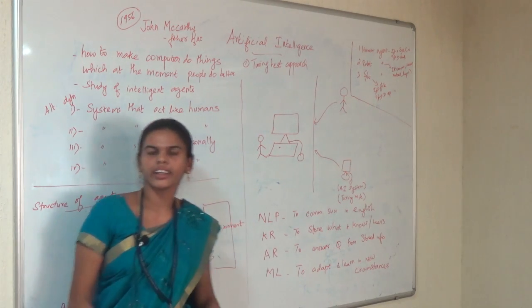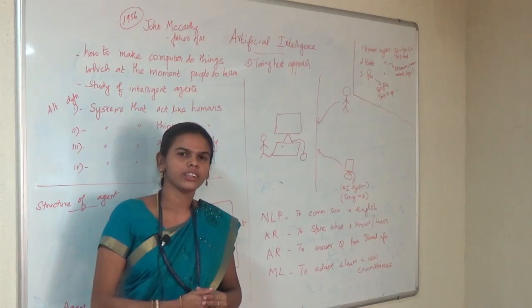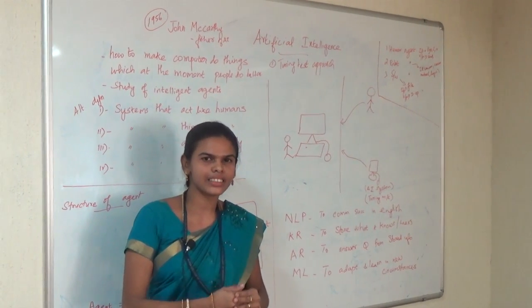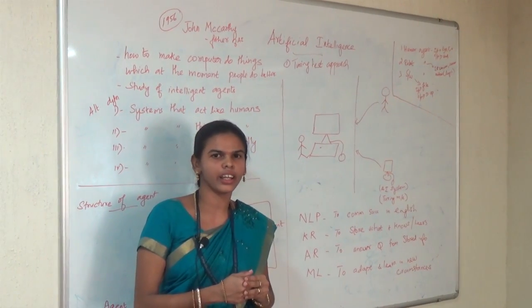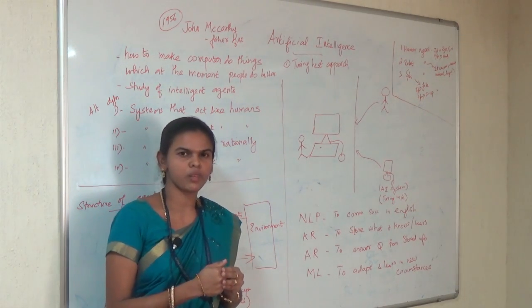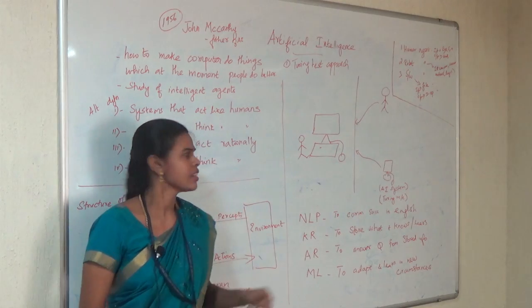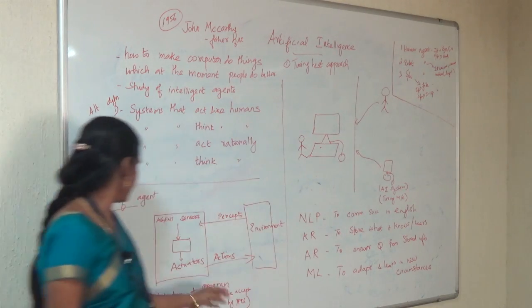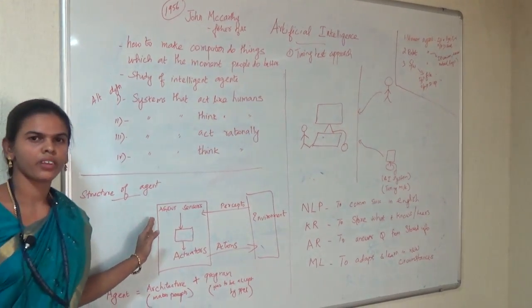And as we saw in the definition of AI, there is another definition, study of intelligent agents. So, let me just give a small introduction about the structure of the agents. So, this is the structure of agent.